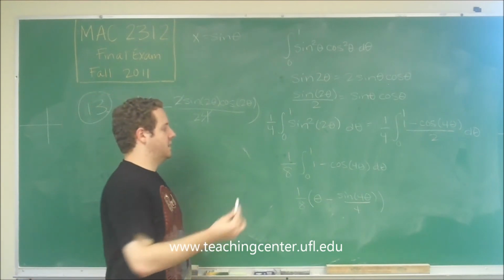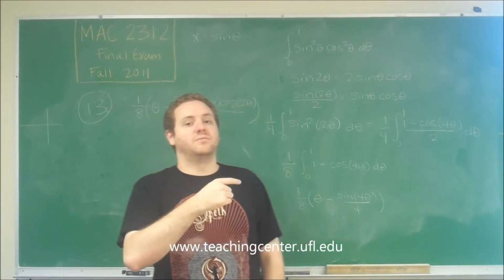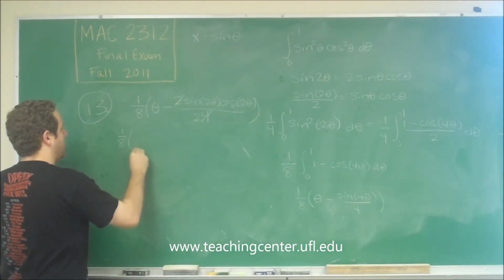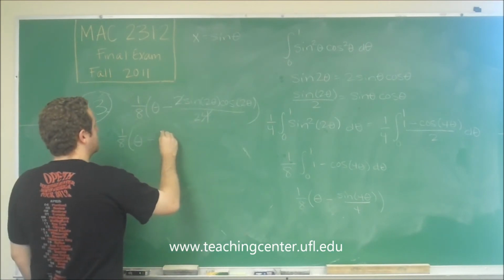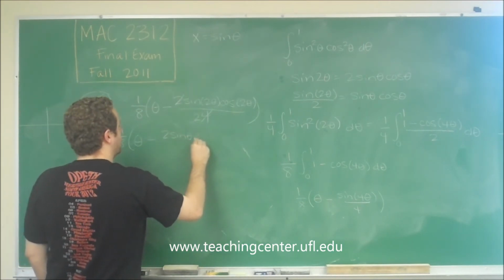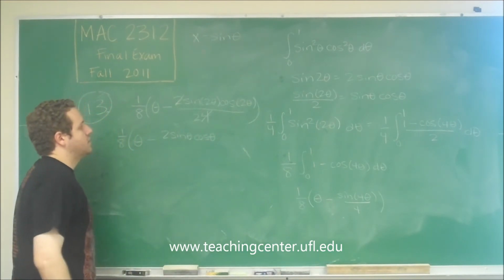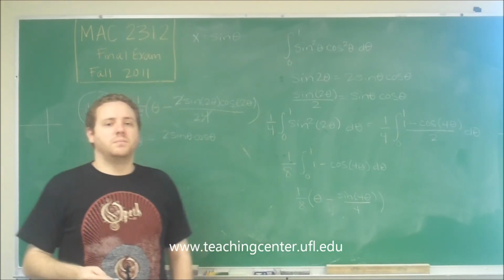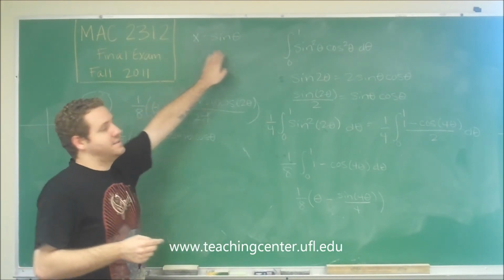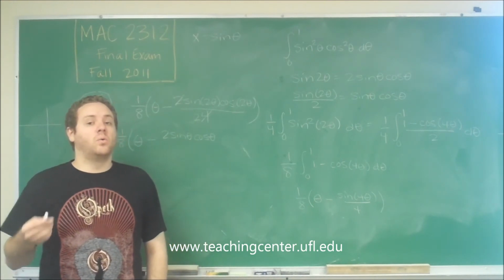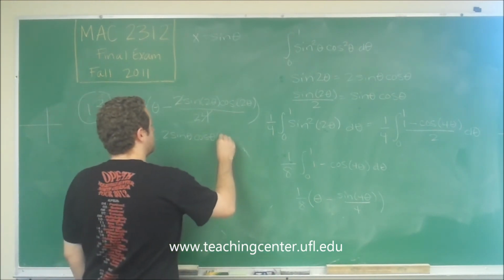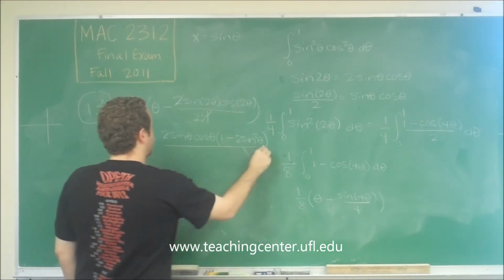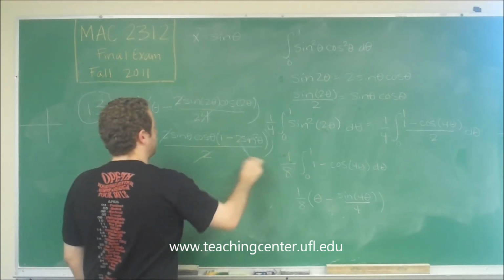We have to do it again for each of these because we still have 2 thetas in here. So sine 2 theta is going to be 2 sine theta cosine theta. Cosine 2 theta has a few different double angle formulas, but since we have x equals sine theta, we want to use the one that only includes sine thetas, which is 1 minus 2 sine squared theta. That's all over 2, and now these 2's cancel out.